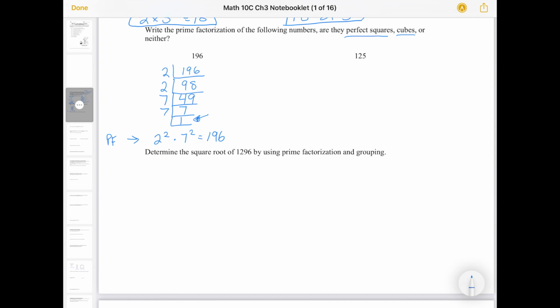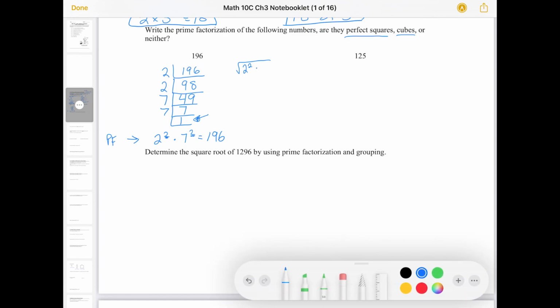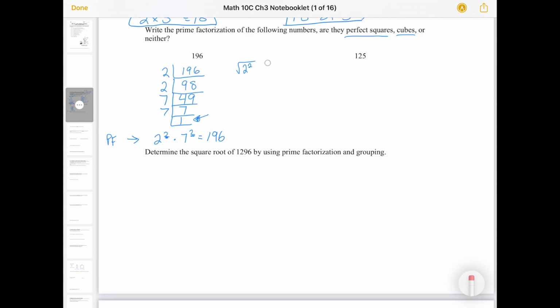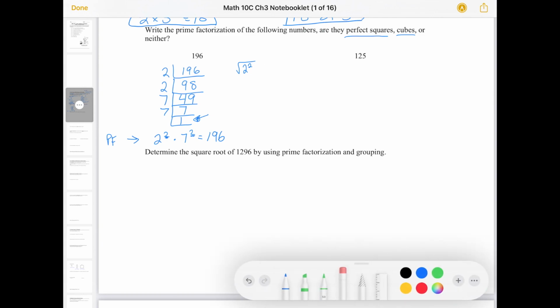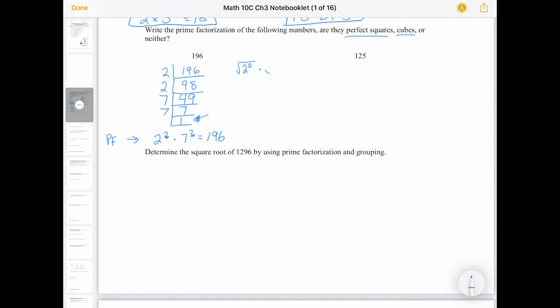Well, you might notice here, 2 squared and 7 squared. So those are both squares. So I can take the square root of 2 squared, and I can take the square root of 7 squared.